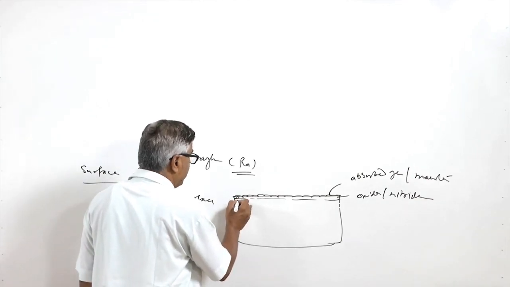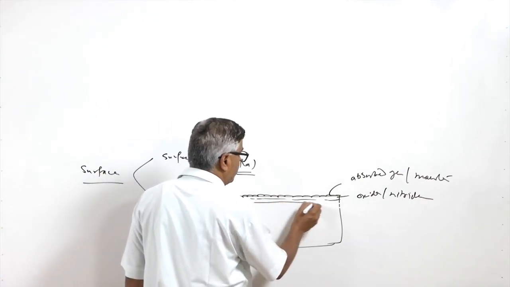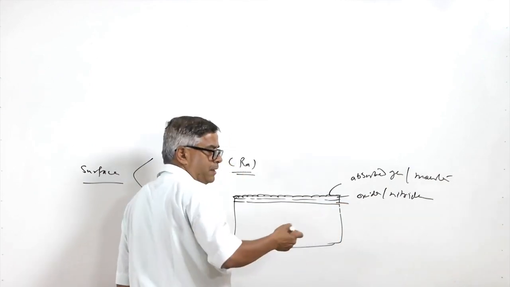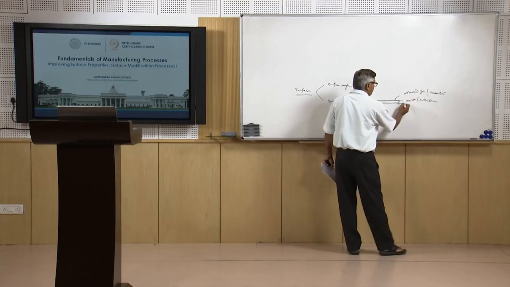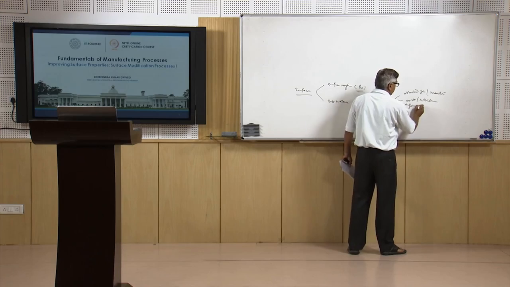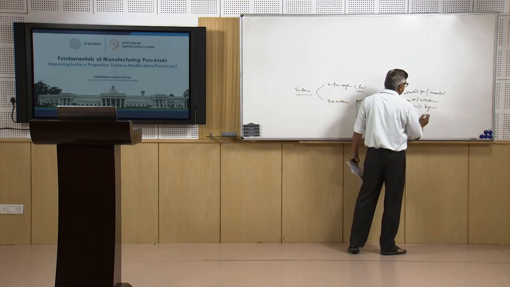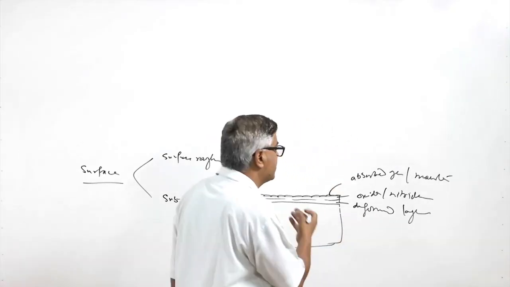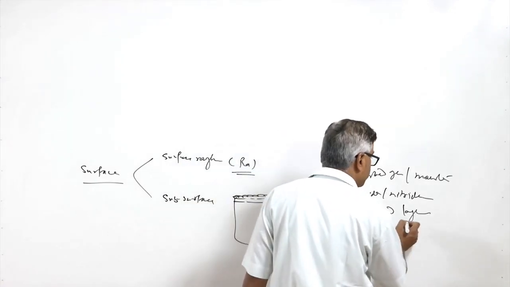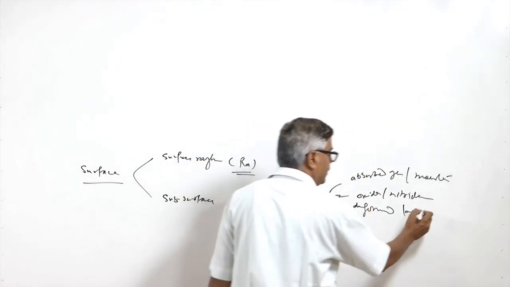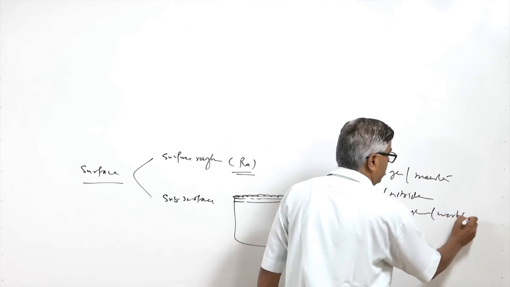Then we have a very deformed layer produced in the course of machining, mostly in the form of a mechanically mixed layer or very badly damaged layer, which will have the effect of work hardening.